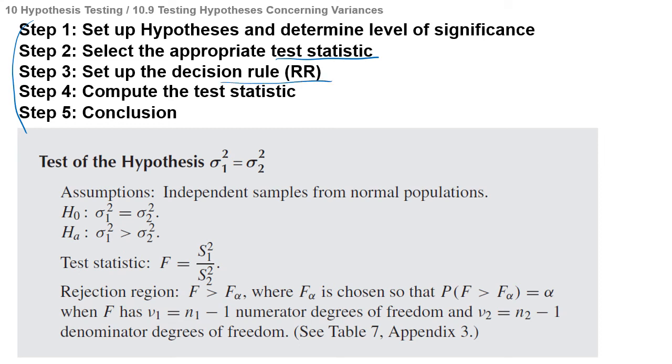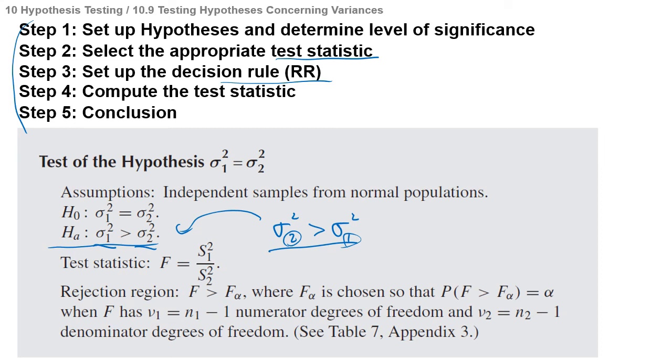And actually this one only talks about sigma 1 square being larger than sigma 2 square, and the other alternative hypothesis is sigma 2 square greater than sigma 1 square. Actually, they are the same. If this is the situation, then you can just replace 2 with 1. Then you can use this one again.